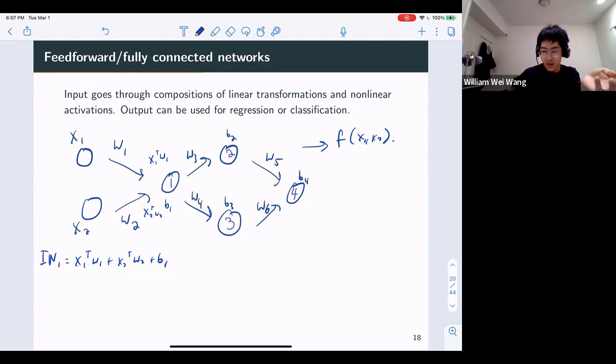Now, how do you compute an output? Output 1 would be some sort of activation function, which is what induces nonlinearity, h of in1.